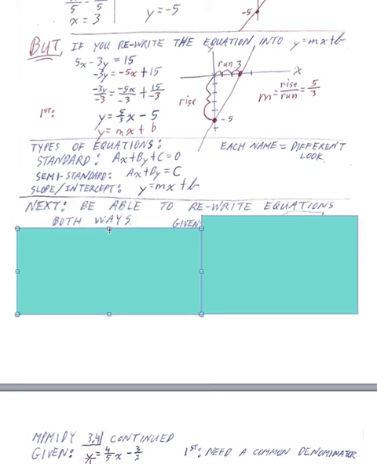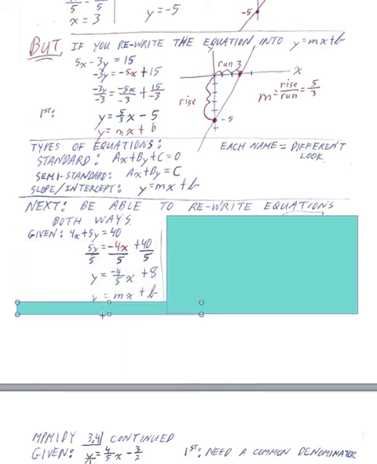All right. Now, you should be able to rewrite the equation going both directions. What do I mean by that? Well, let's take a look on the left side first. Let me just move this over a bit so I don't show you too much. All right, so here it is in semi-standard form. And what am I going to do? I'm going to rewrite it so it's in y equals mx plus b.